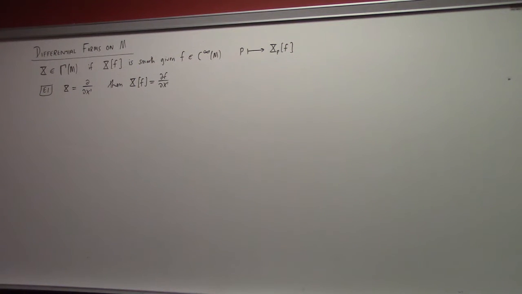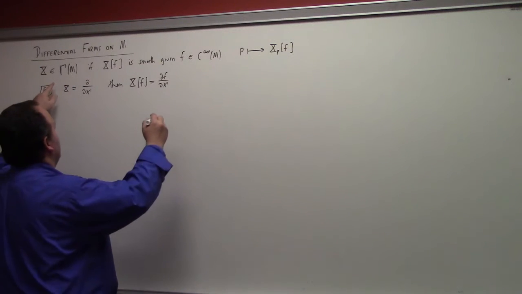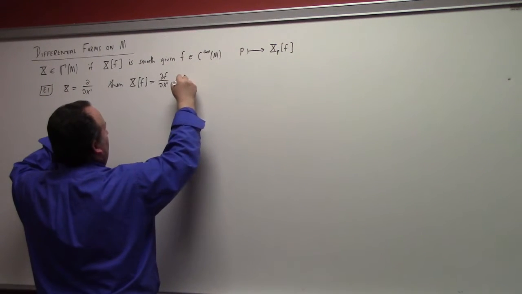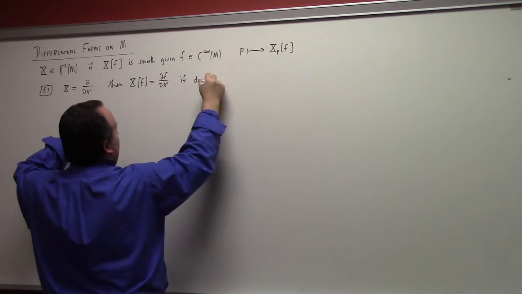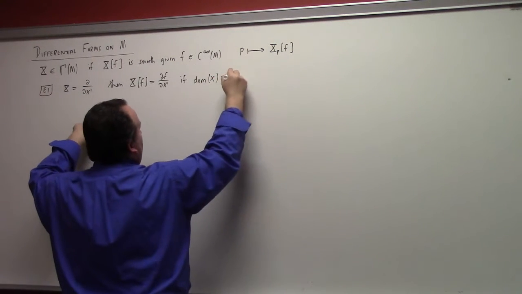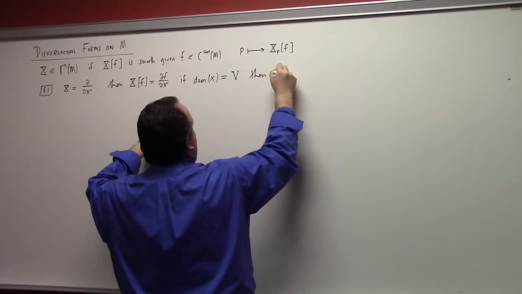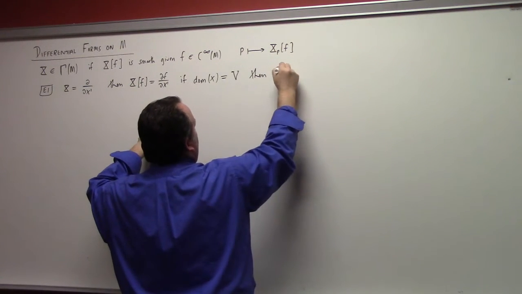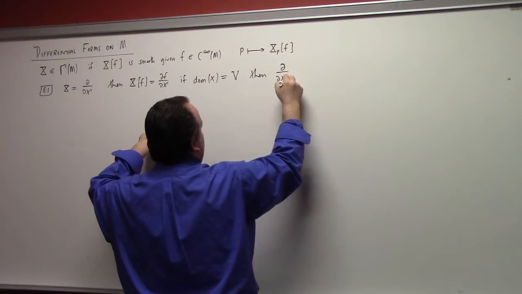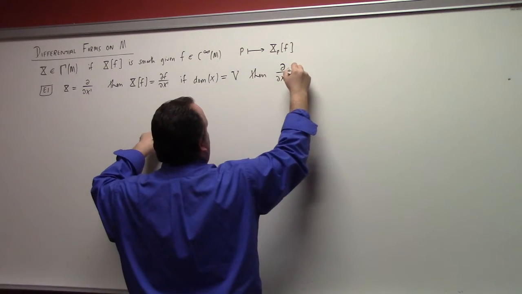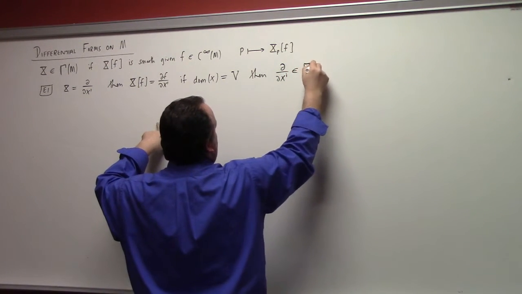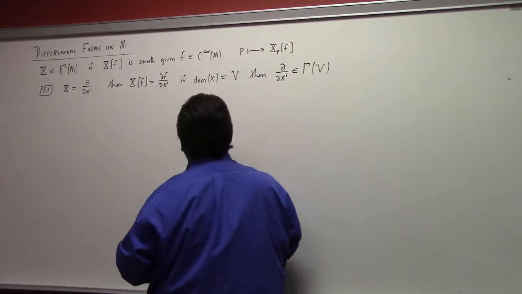But if we localize this idea, I should say, this is a vector field on M. So if the domain of our chart is, say, V, then by a very similar argument, partial xi is a vector field on V. All right.